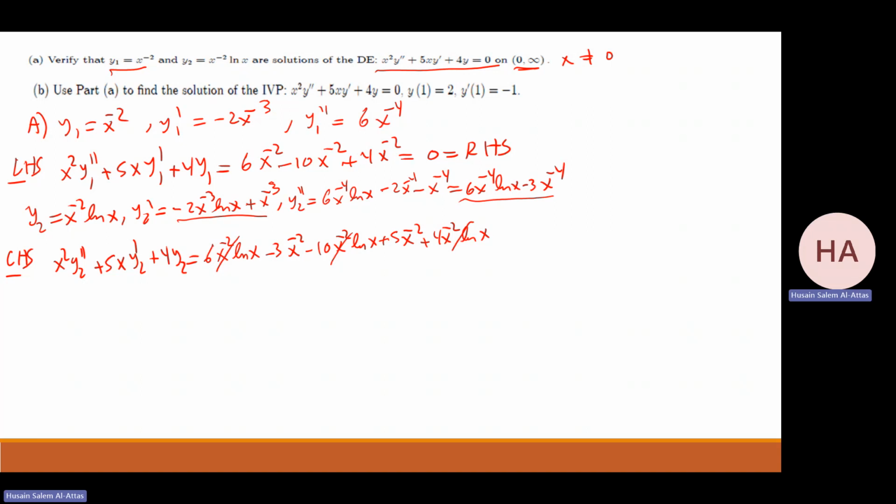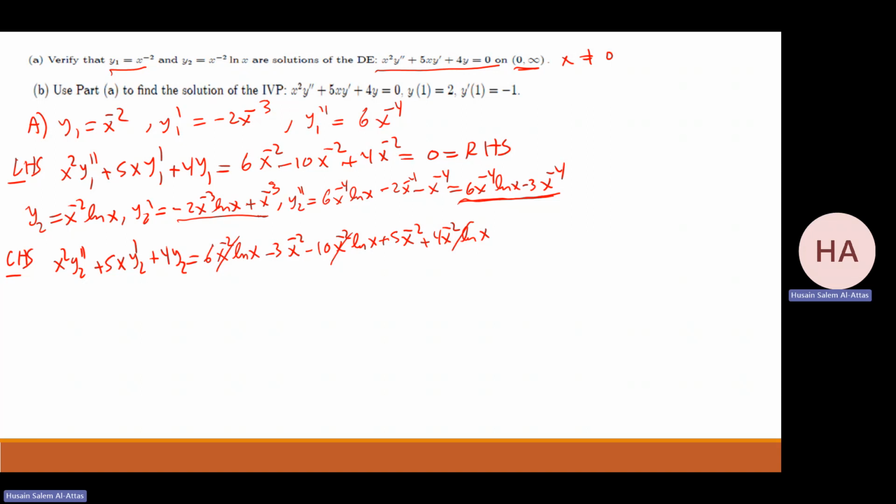Yeah, it should be 0. Multiply this by x squared, I have 6x to the minus 2 ln x minus 3x to the minus 2. Correct. This by 5. There's something missing somewhere.